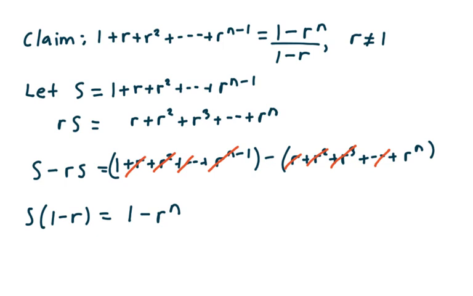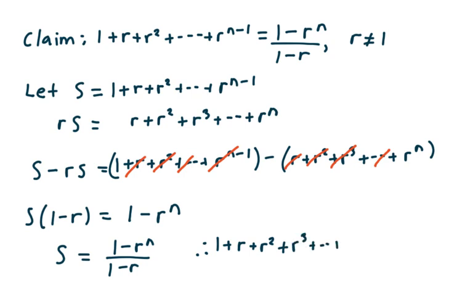Dividing both sides by 1 minus r, I get S equals 1 minus r to the n divided by 1 minus r. So therefore, 1 plus r squared plus r cubed all the way through until r to the n minus 1 is 1 minus r to the n divided by 1 minus r.